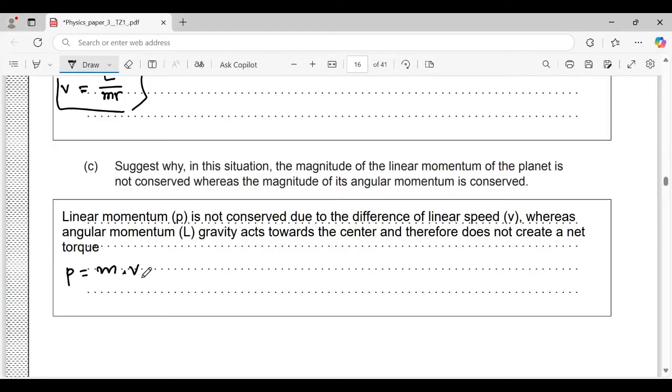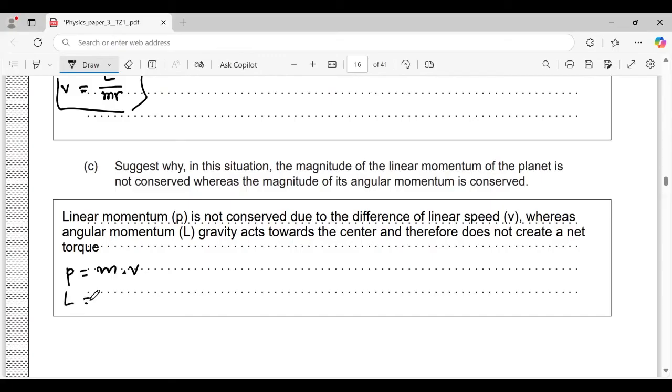So this is not conserved because velocity depends on the radius, the distance between the planet and the star. Linear momentum p is not conserved due to the difference of linear speed, which is affected by the radius or the distance.